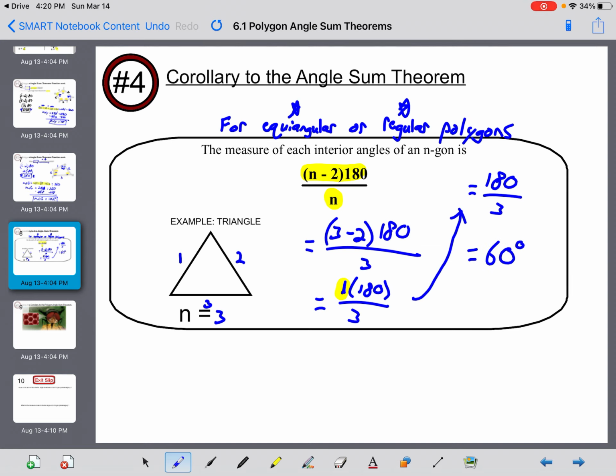So, if this triangle is equiangular or regular, then each of the angles on the inside, all 3 of them, should be 60 degrees. Because 60 plus 60 plus 60 equals 180.